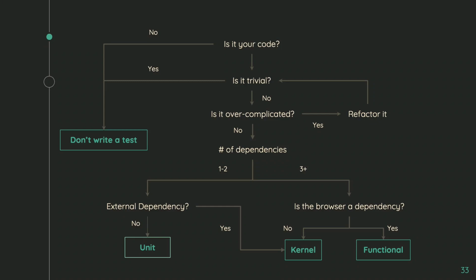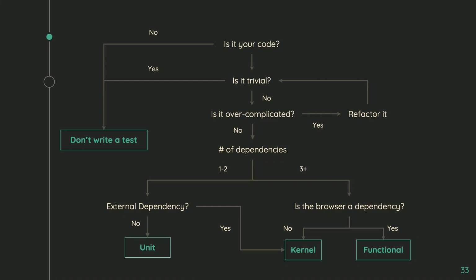First, is the code mine? If it's not, I'm not going to bother writing a test. I move on. If it is mine, is it trivial? Is it a getter or a setter? If it's trivial, it's not really worth my time to add a test. I'm going to move on. Is the code overcomplicated? Overcomplicated code means there are a lot of conditionals or a lot of dependencies or both.